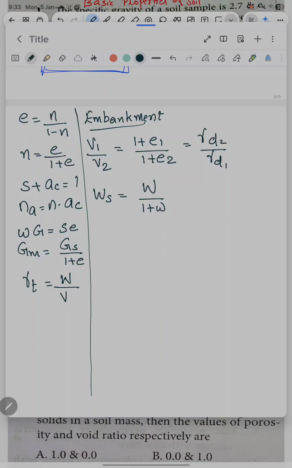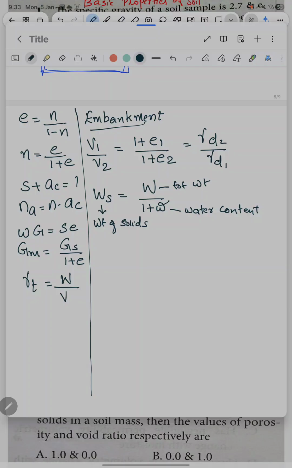So we can use the equation Ws = W/(1 + w). Here W is total weight, small w is water content or moisture content, and Ws is weight of solids. Okay, this is our important equation: Ws = W/(1 + w).